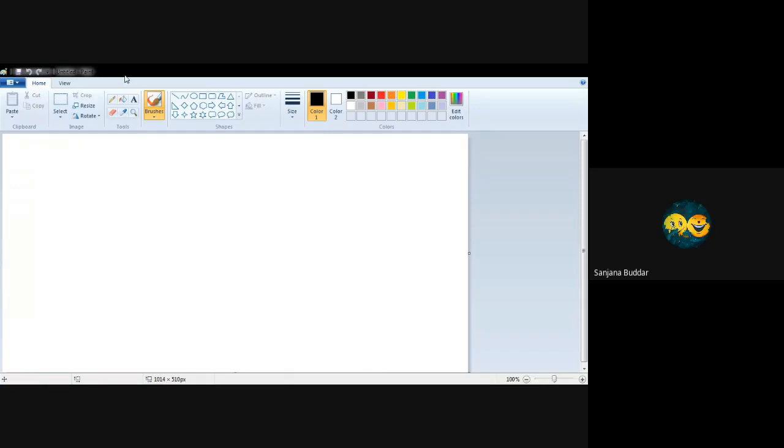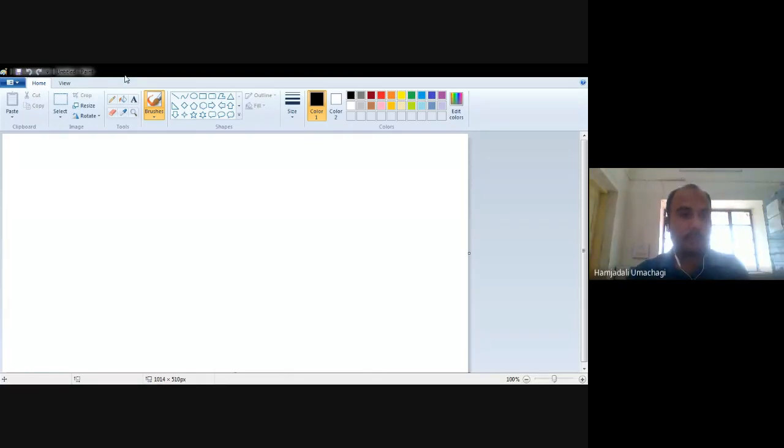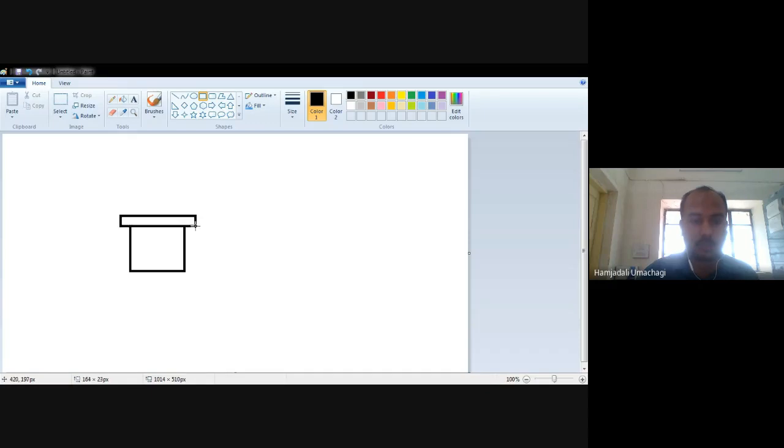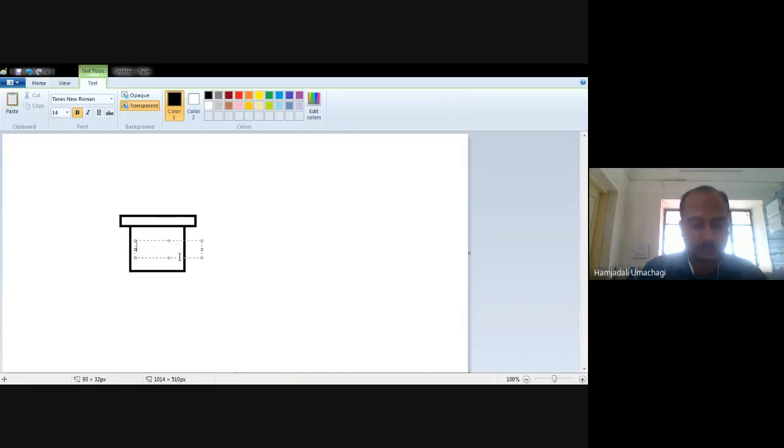Okay, fine. So now, just to explain that example, I am going to make use of one simple drawing here. Suppose you are given a distribution transformer. So this is your distribution transformer.